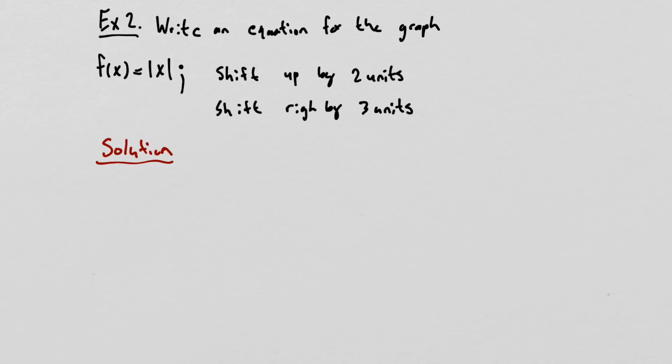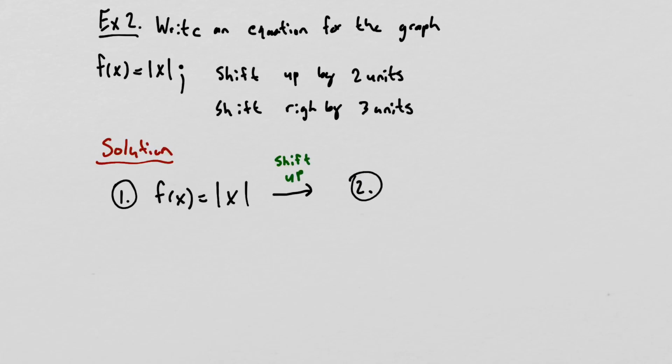So in the first step, we're just starting off with our original function f of x, which is going to be equal again to the absolute value of x. And then let's apply the shift up by 2 units. By applying our shift up by 2 units, our function is going to be rewritten as the absolute value of x plus 2 here.